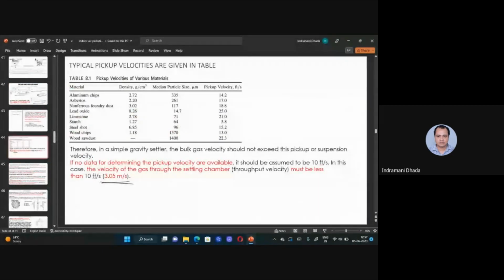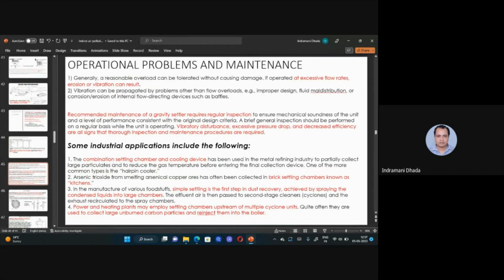This is a standard value you can consider. For aluminum chips, asbestos and everything, the density, the medium particle size and the pickup velocity are defined here. But if it is a mix of all things, then you can assume this velocity is 3.05 meter per second for design purposes.